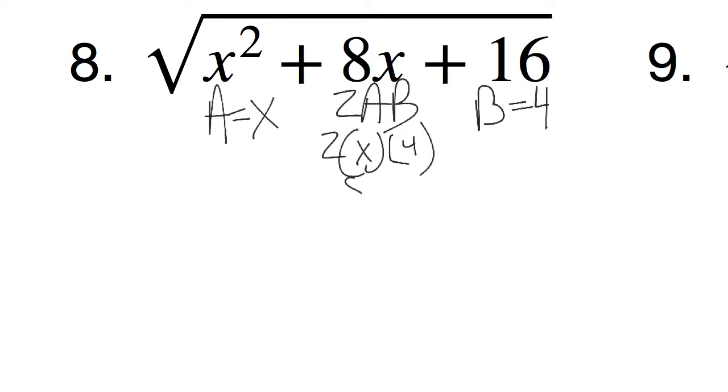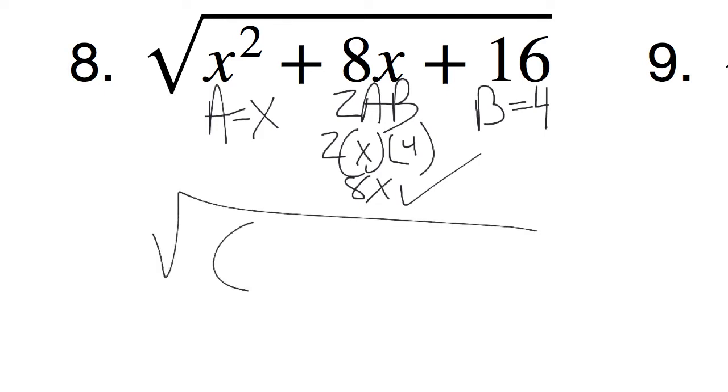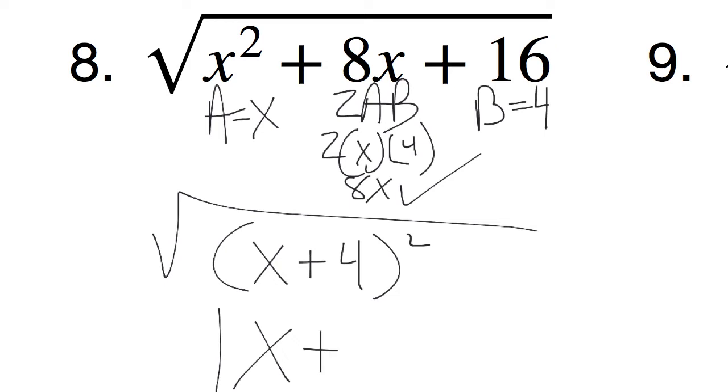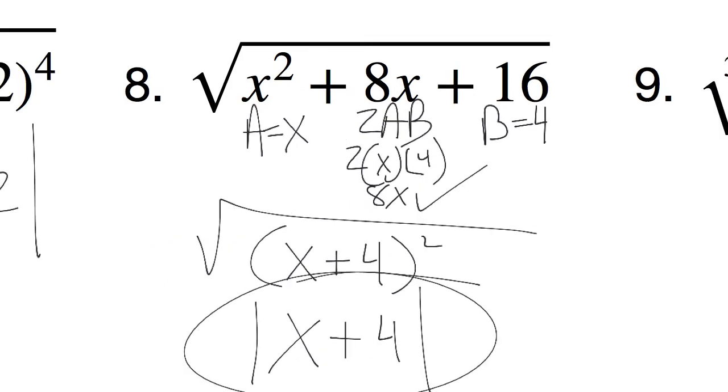That's 8x. Yay! So we can say that this is going to be a plus b squared, or x plus 4 squared. And then we can simplify that to be the absolute value of x plus 4.